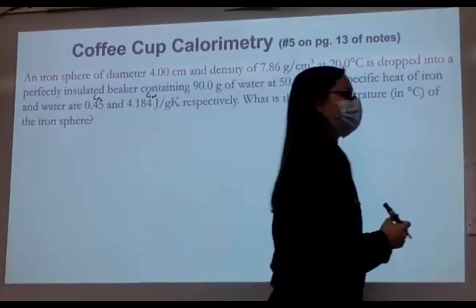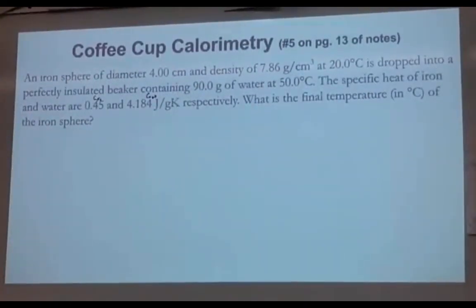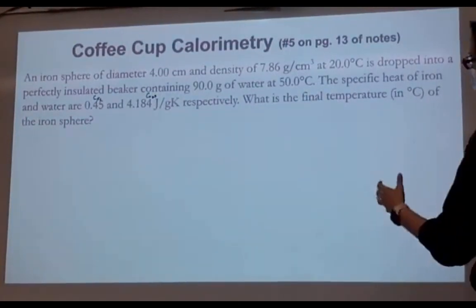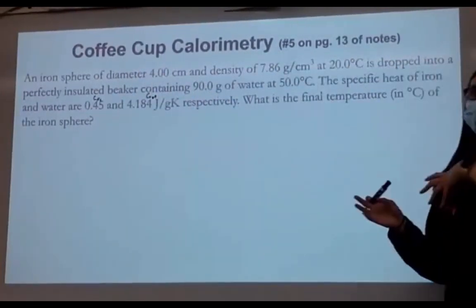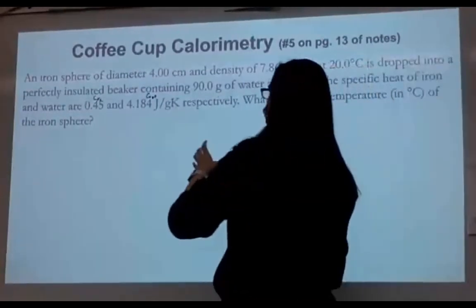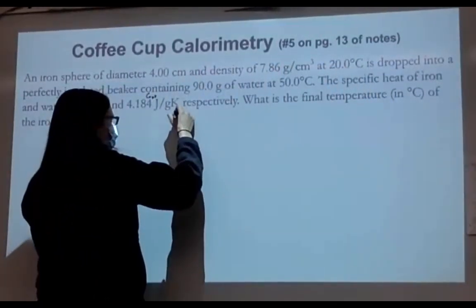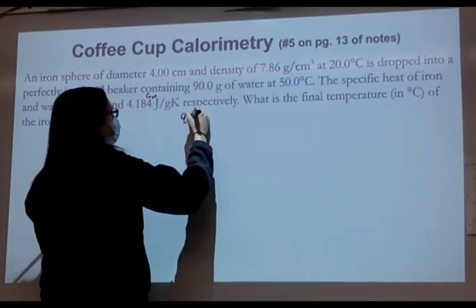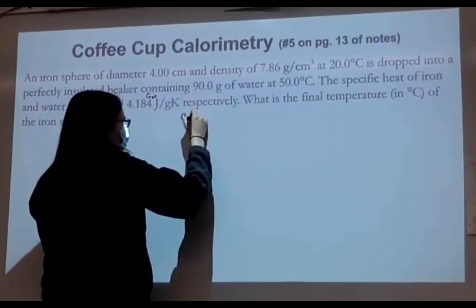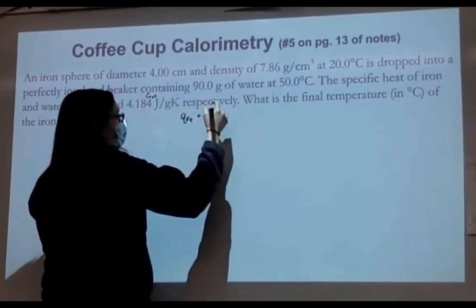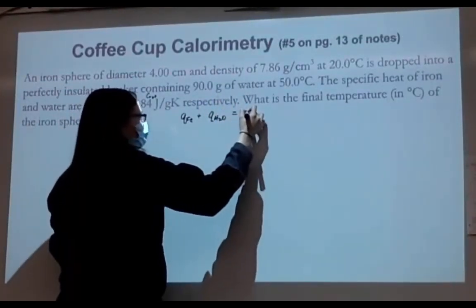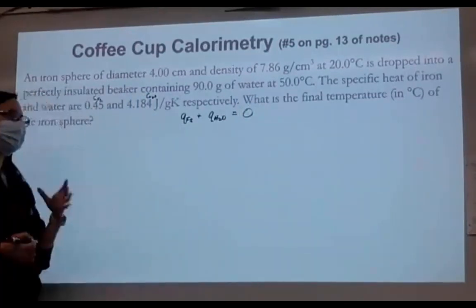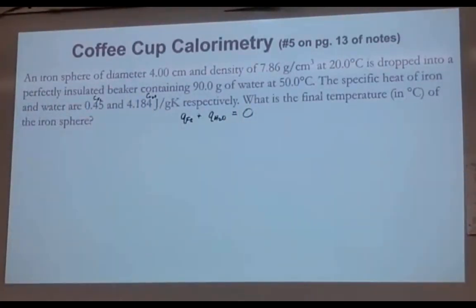Okay, so let's start by figuring out what all of our systems are in this calorimetry problem. We know it's calorimetry because we have one thing being put into a container with something else. So if I think about my two systems, I have an iron sphere, so Q Fe, and I have water, Q H2O. It doesn't say anything else about a calorimeter constant, just iron and water.